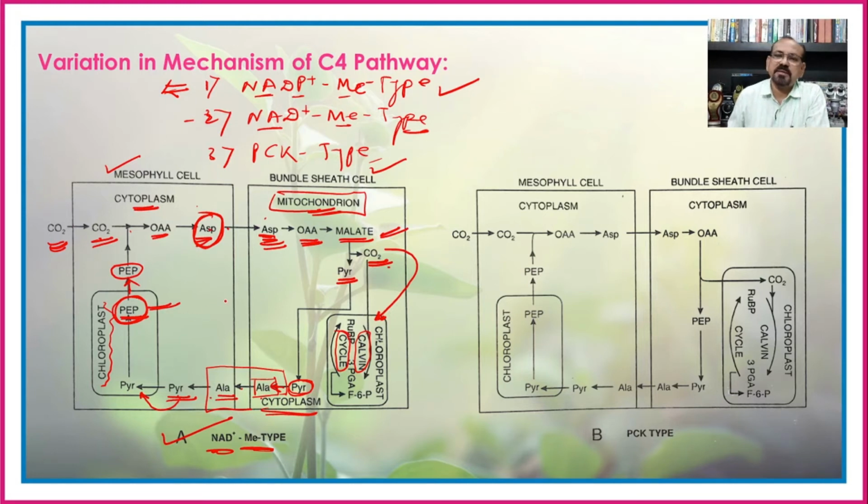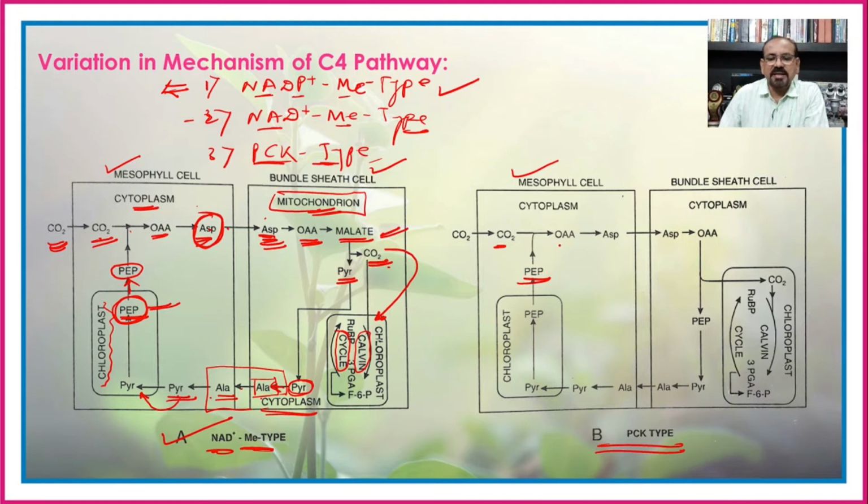But in some other plants, there is the PCK type of system of the C4 pathway. And in the PCK type, first of all in the mesophyll cell, the carbon dioxide is absorbed by phosphoenol pyruvic acid, just like the NAD-ME type and NADP-ME type.